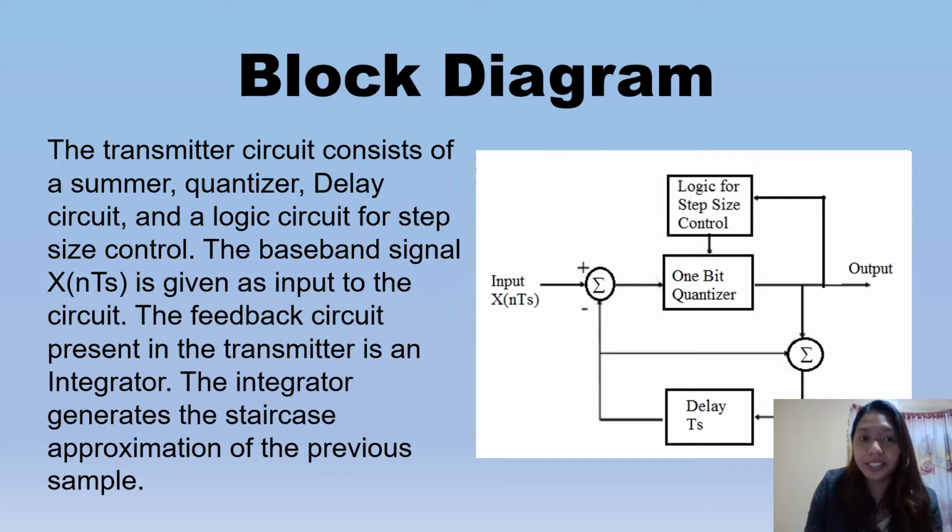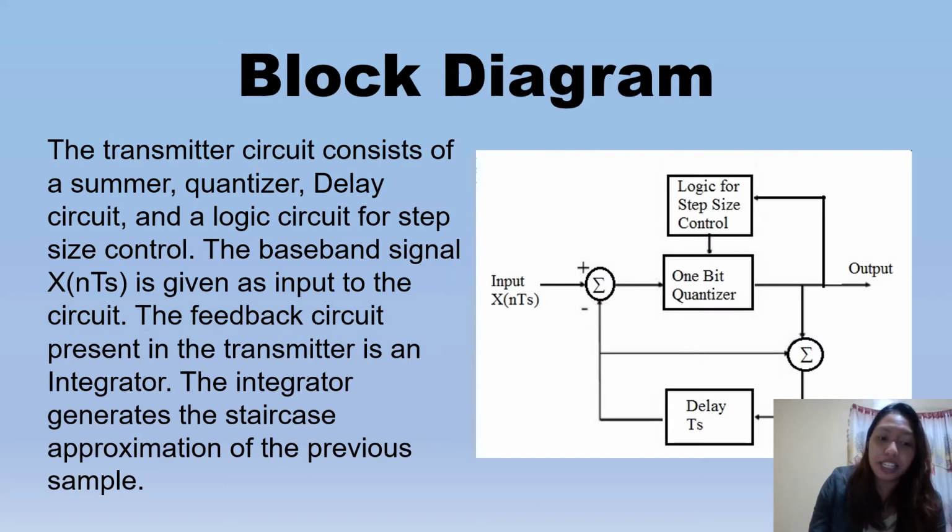We have here the block diagram. The transmitter circuit consists of a summer, quantizer, delay circuit, and a logic circuit for step size control. The baseband signal is given as the input to the circuit. The feedback circuit present in the transmitter is an integrator. The integrator generates a staircase approximation of the previous sample.